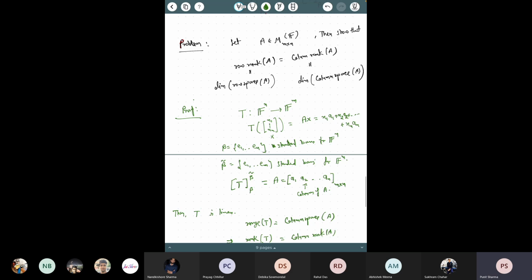for eigenvalues and eigenvectors. So far we are developing results for linear transformations as well as for matrices. We are trying to connect results for matrices as well as for linear transformations. Whatever result we have for linear transformations, we are trying to connect it with the corresponding result in matrices, and the other direction also.